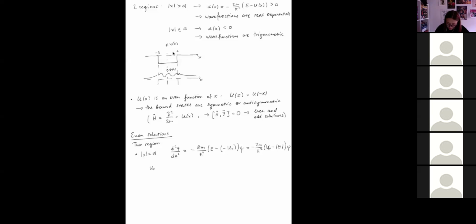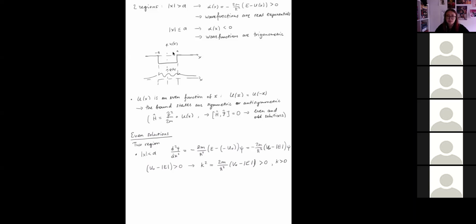So U0 minus modulus E is bigger than 0, again because we're looking for the bound states. Then let us denote the coefficient that comes up in this differential equation as k squared. So it's 2m over h bar squared (U0 minus modulus E). This is bigger than 0, and we just choose k bigger than 0.